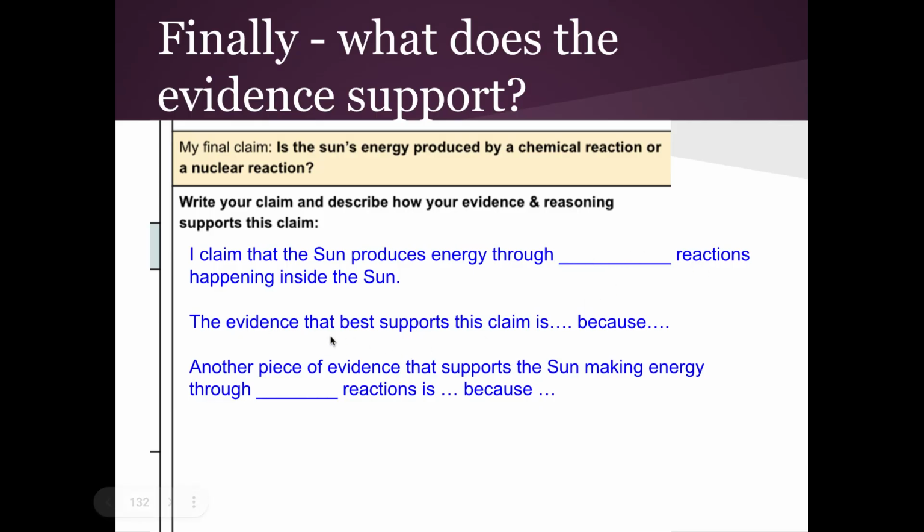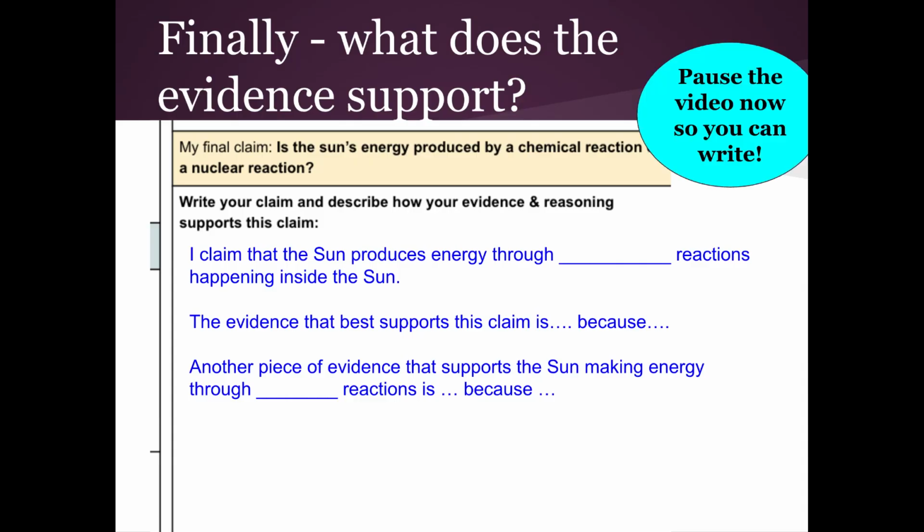And you're going to tell me what piece of evidence is most convincing to you. The evidence that best supports this claim is, and then give me a little bit of why, because. And then what other piece of evidence, because you don't want to have just one piece of evidence that supports this, you should probably have two, maybe even three. And you'll describe that right here. And we're going to go ahead and pause the video so that you can write down your final claim with evidence and reasoning.